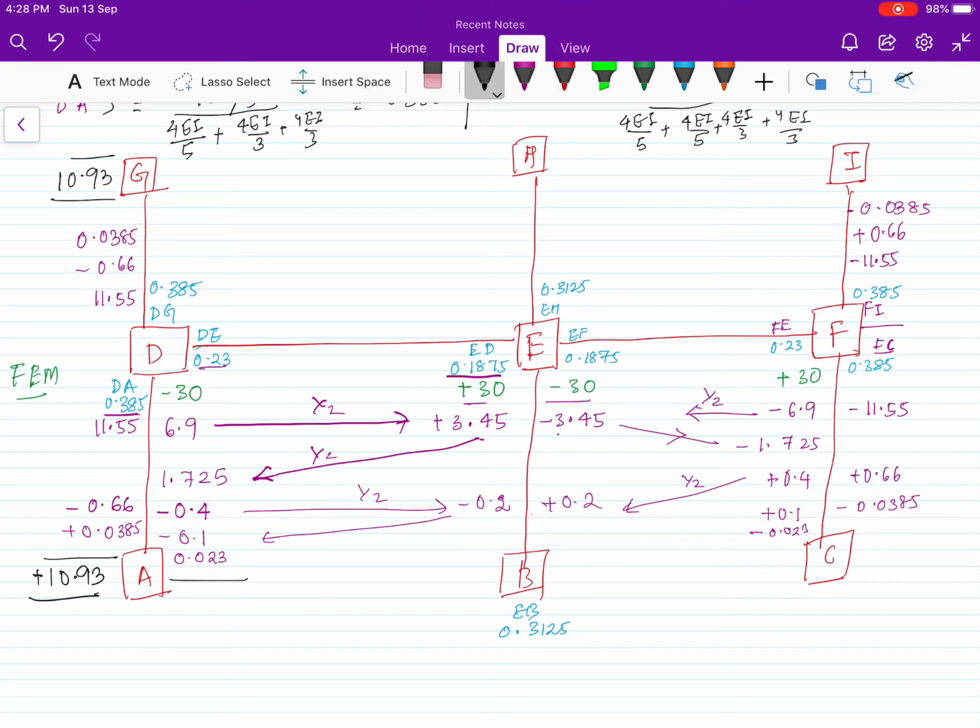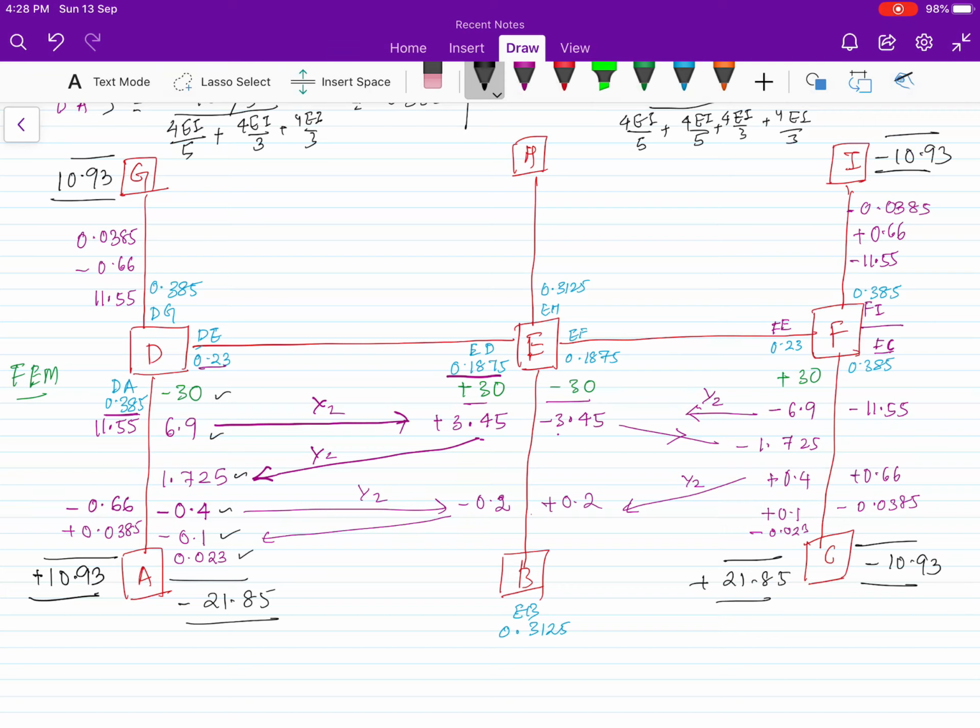Then for the beam DE, we are getting minus 30 plus 6.9 plus 1.725 minus 0.4 minus 0.1 minus 0.23. Okay, this all we are going to add for this. So we are getting minus 21.85 kilonewton meter. Similarly, here we will get minus 10.93, here plus 21.85, here minus 10.93 for this column.